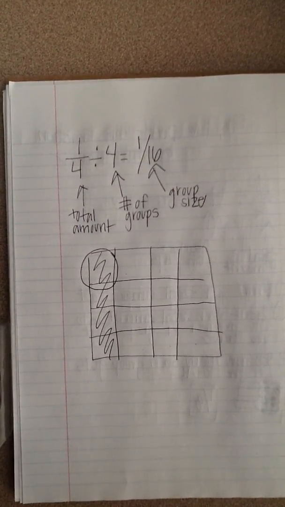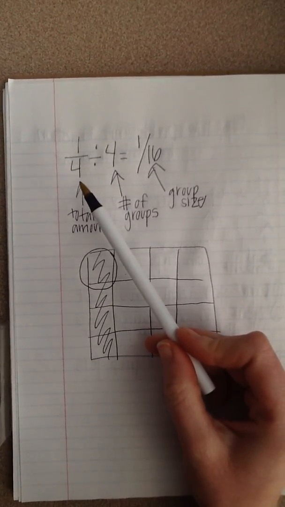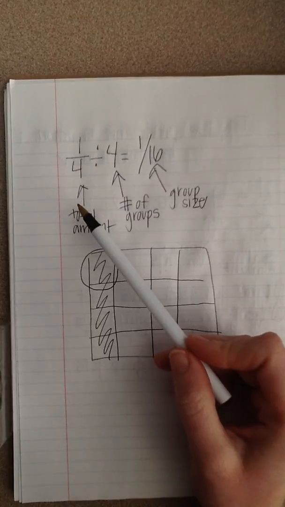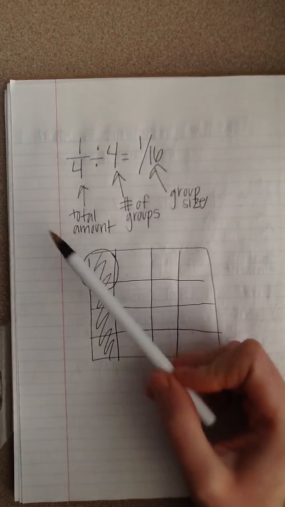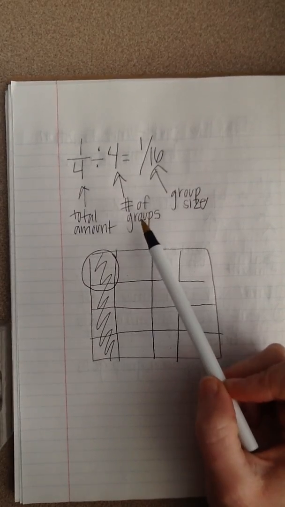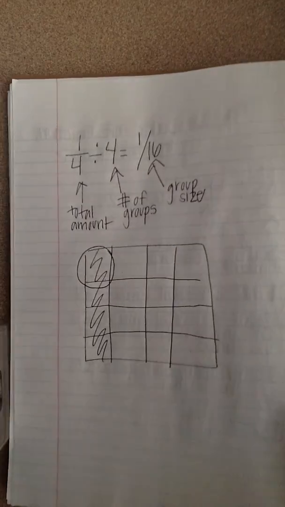Remember, we are looking at the total amount, and it's very possible to have 1/4 or less than a whole left over. Okay? It is very possible for that to happen, and then we have to divide it into a number of groups.